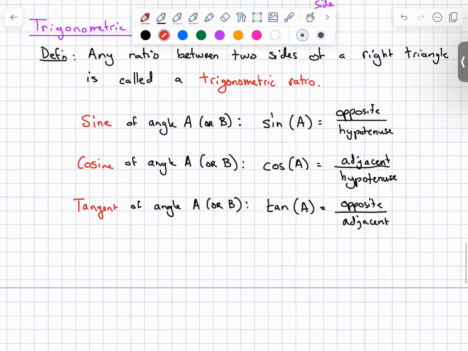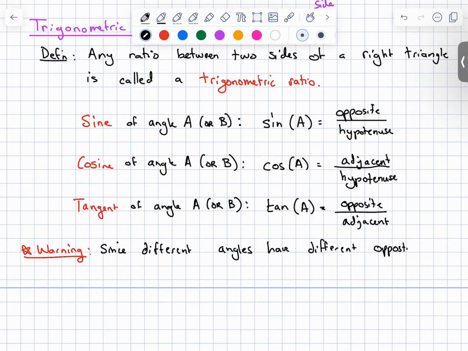And just as a small warning, since different angles have different opposite and adjacent sides, we need to be careful. We need to identify them each time.